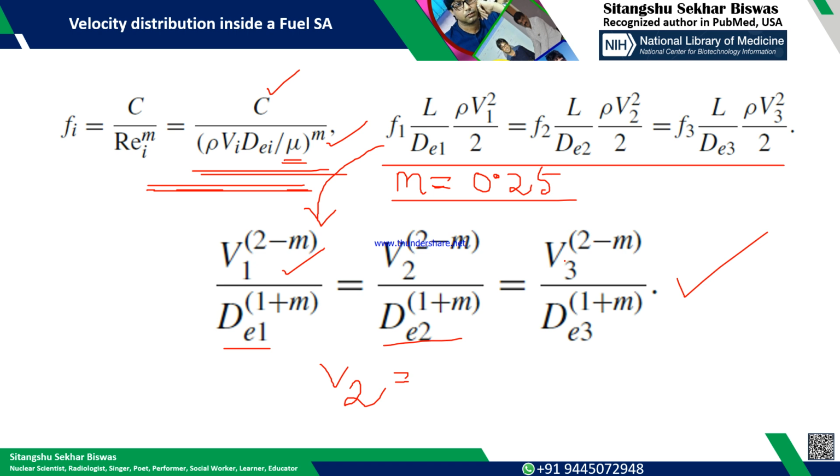Similarly V3 is equal to this term divided by this term whole to the power 1 by 2 minus n.